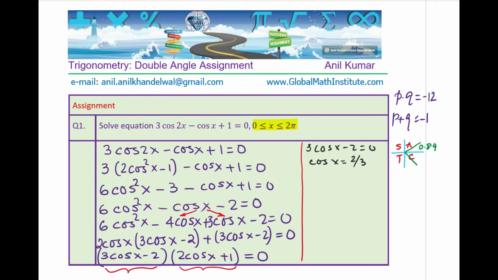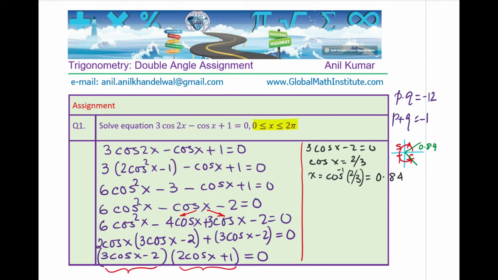The other one is 2 pi minus 0.84, right? So here we get x equals cos inverse 2 over 3, which is 0.84.